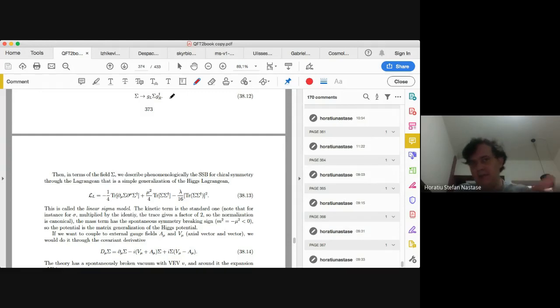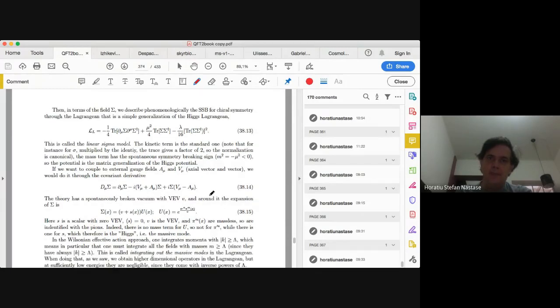And under the trace, I can put G left dagger to the left and then annihilate G left. So this is invariant under the symmetry, and similarly the phi4 term, lambda phi4 term now becomes minus lambda over 16 trace sigma dagger sigma squared.